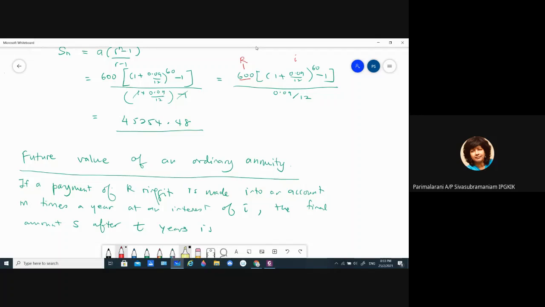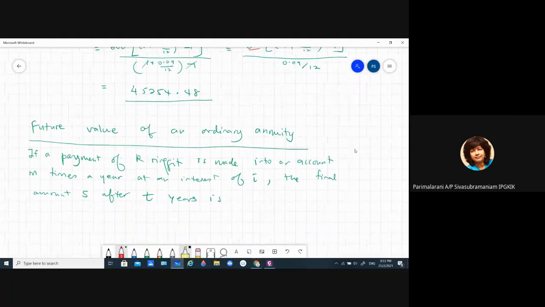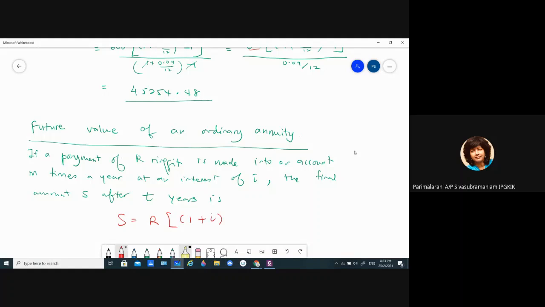This one here is our N. So from here, we know that the formula is S equals R, 1 plus I to the power of N periods, as we write to an account for N periods.